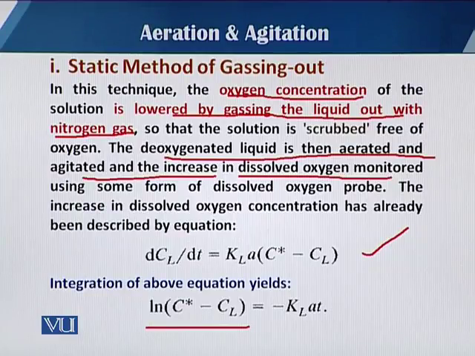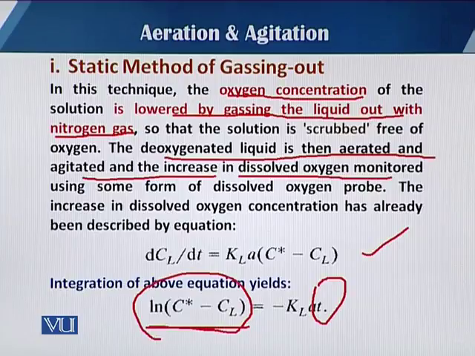So if we plot the graph between t and ln of C star minus Cl, then the slope of that graph will be minus KLA. So just by this plot, we can calculate the volumetric mass transfer coefficient.